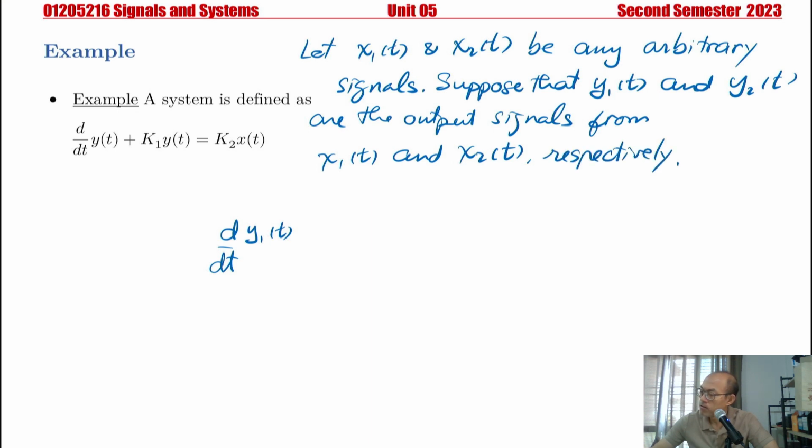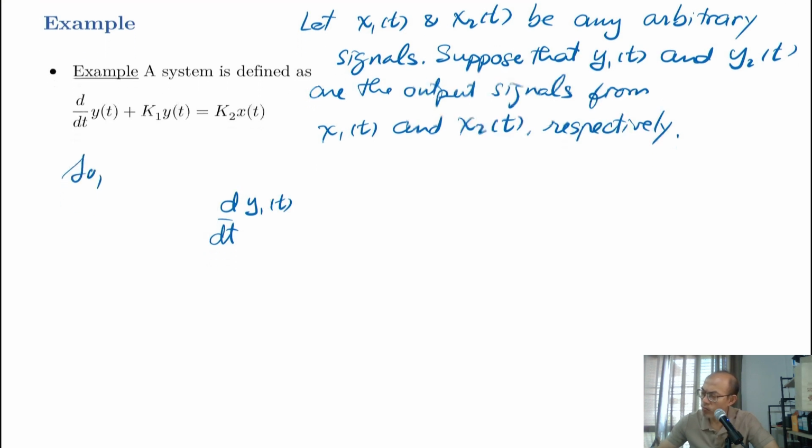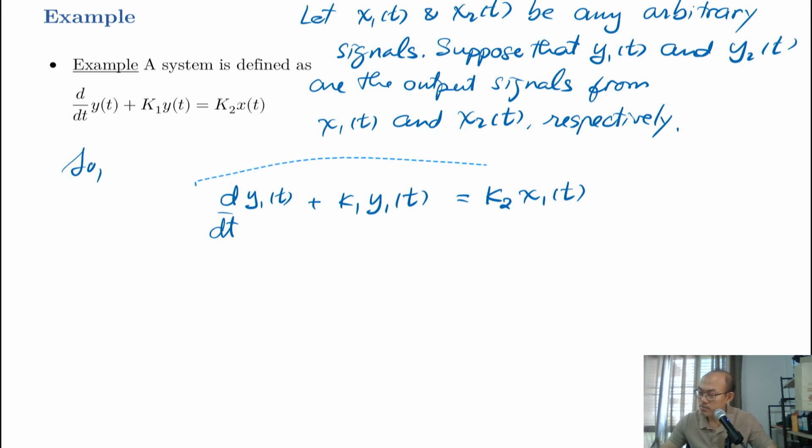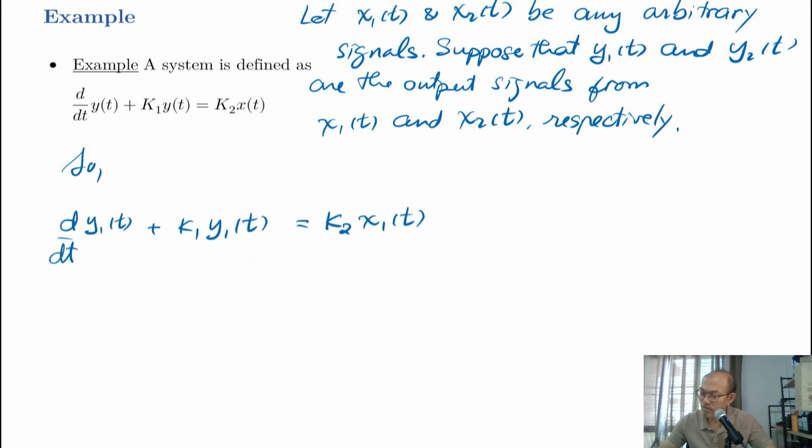So we have dy1 plus k1 y1 has to be equal to k2 x1, right? Because y1 has been assumed to be the output from x1. And as for y2, it is the same, because y2 is assumed to be the output from x2, so it has to satisfy this equation.